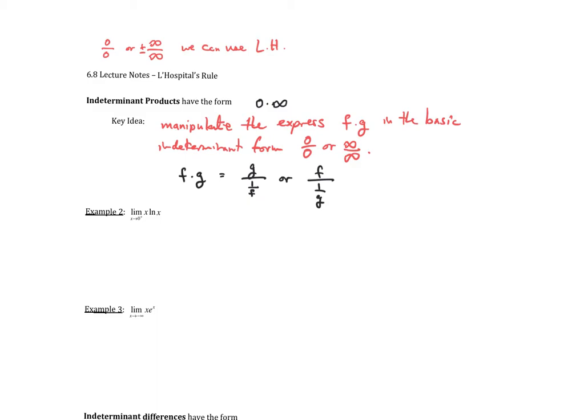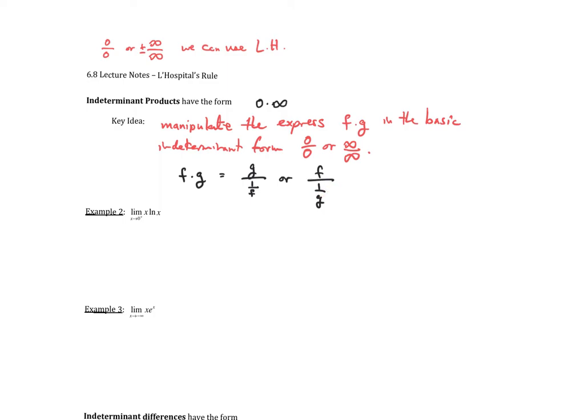If g is going to infinity, then this first part would be infinity over 1 over 0. 1 over 0 goes to infinity, so this one becomes infinity over infinity. If I rewrite it the other way, leaving the f on top and rewriting multiplying by g as dividing by 1 over g, then the f is going to 0, and 1 over g, 1 over infinity, is going to be 0 as well. So the first one gives you infinity over infinity. The second one gives you 0 over 0.